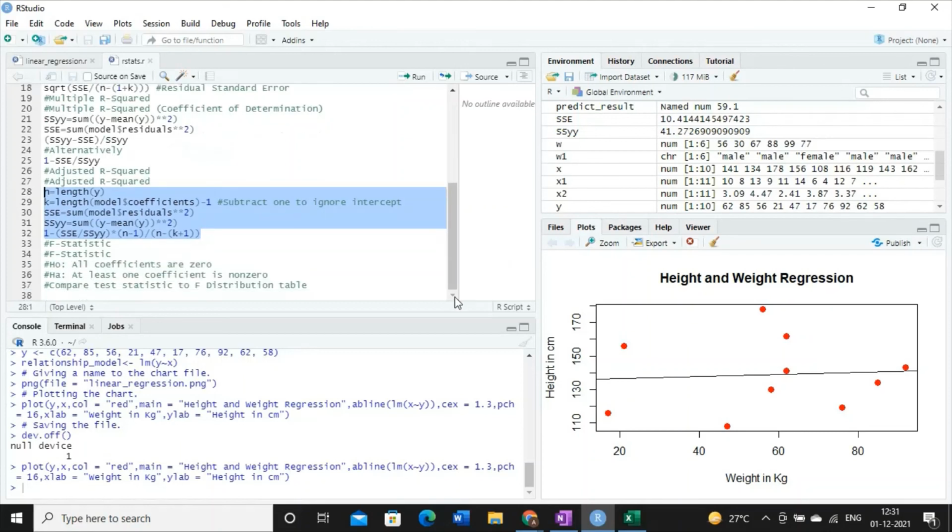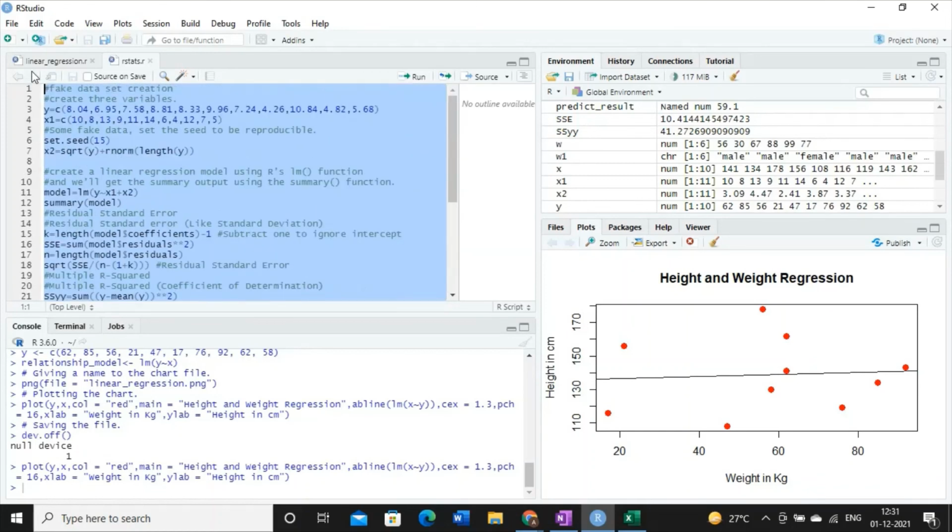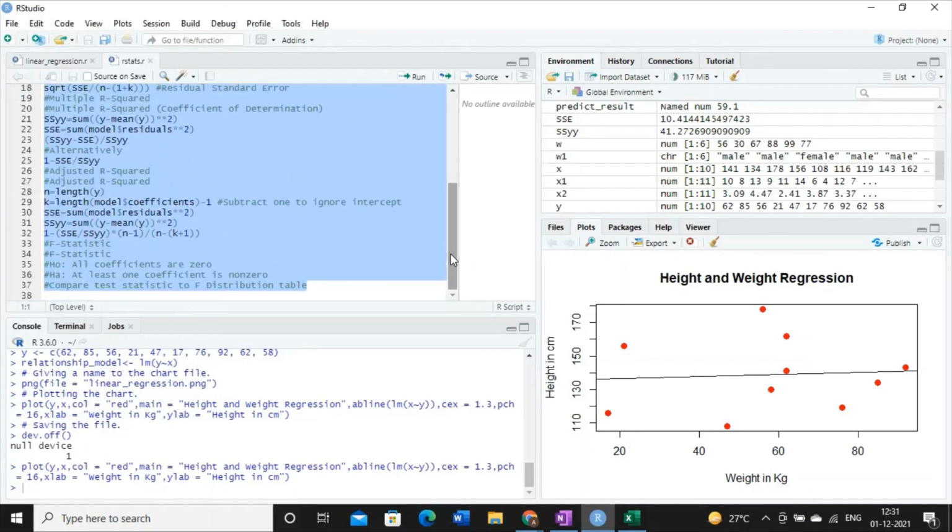And then we have the concept of F statistics. Here I have not written anything because next day I will explain all the concepts theoretically and mathematically so that you could have more idea about this statistical significance.